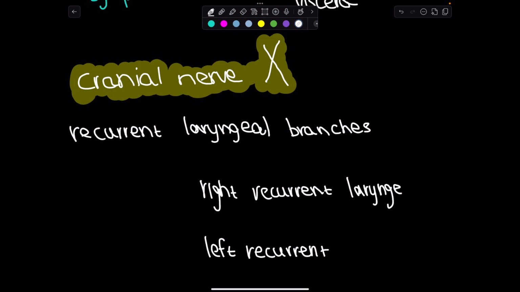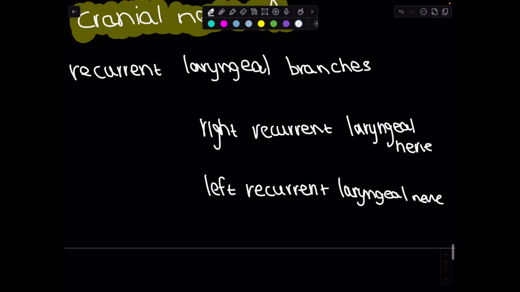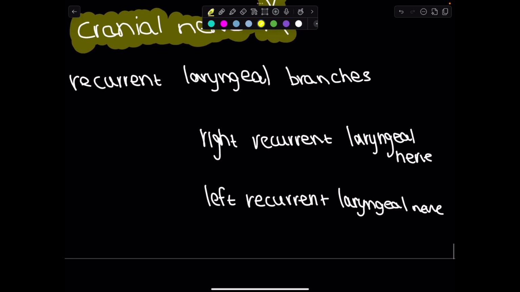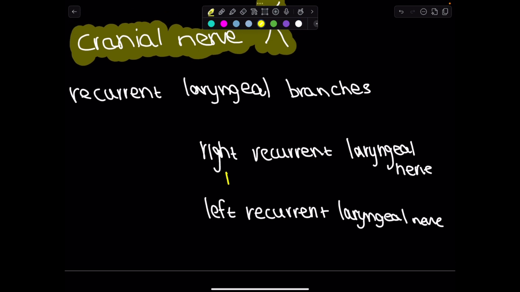They descend into the thorax, loop around major vessels, right around the subclavian artery, left around the aortic arch, then ascend back to the larynx. This looping trajectory, or recurrence, supplies motor and sensory innervation to the laryngeal muscles and mucosa, controlling vocal cords and swallowing. Want specifics on their anatomical differences or evolutionary origins?